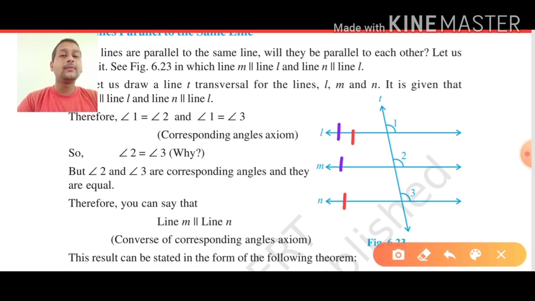Now by this theorem, lines parallel to the same line are also parallel to each other.